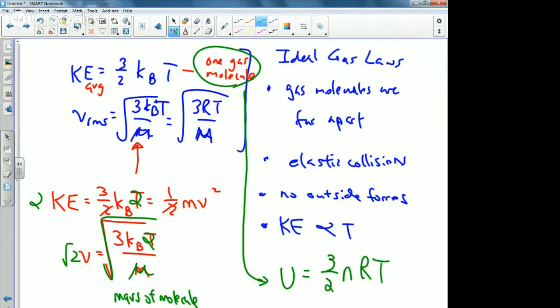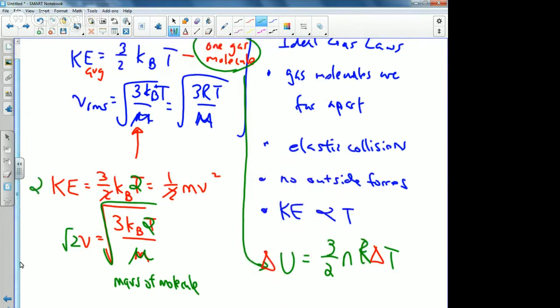That's the total energy, the energy of the total system. And whenever we're solving for a change in energy, it's really still based on the change in temperature. So delta U, or U, equals 3/2 nRT.